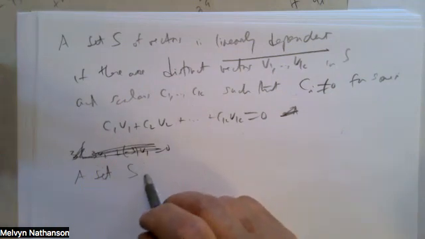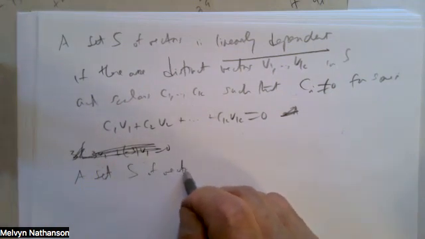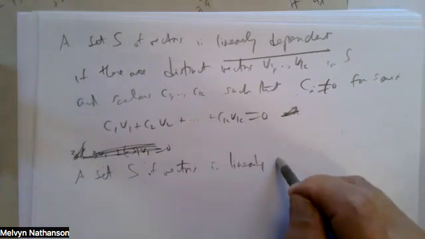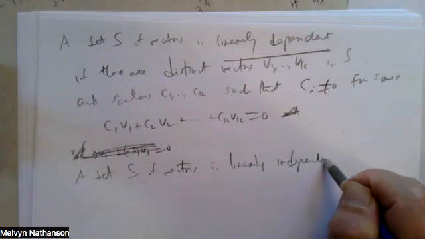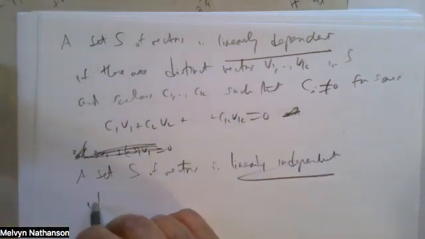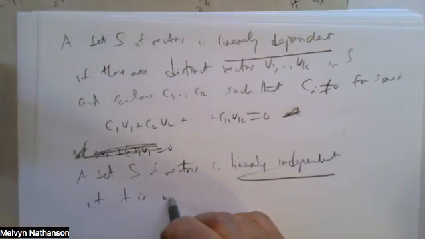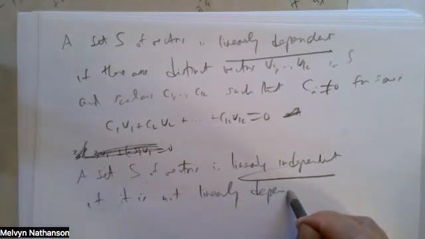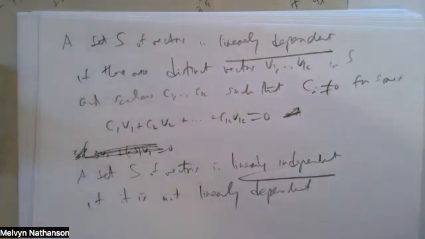And a set S of vectors is linearly independent if it's not linearly dependent. So that's clear enough.